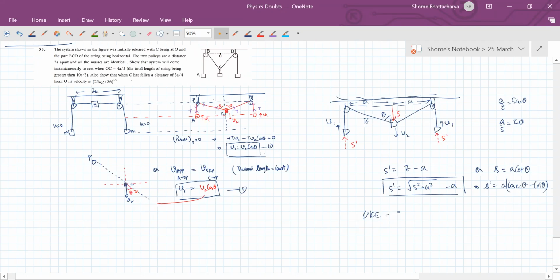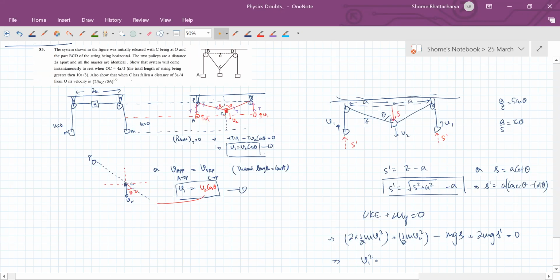Okay. Now from our work by energy, change in kinetic energy plus change in gravitational potential energy should be zero. So 2 times half m v1 square plus half m v2 square. This is the change in kinetic energy. Okay. Minus m g S plus 2 times m g S prime is equal to 0.